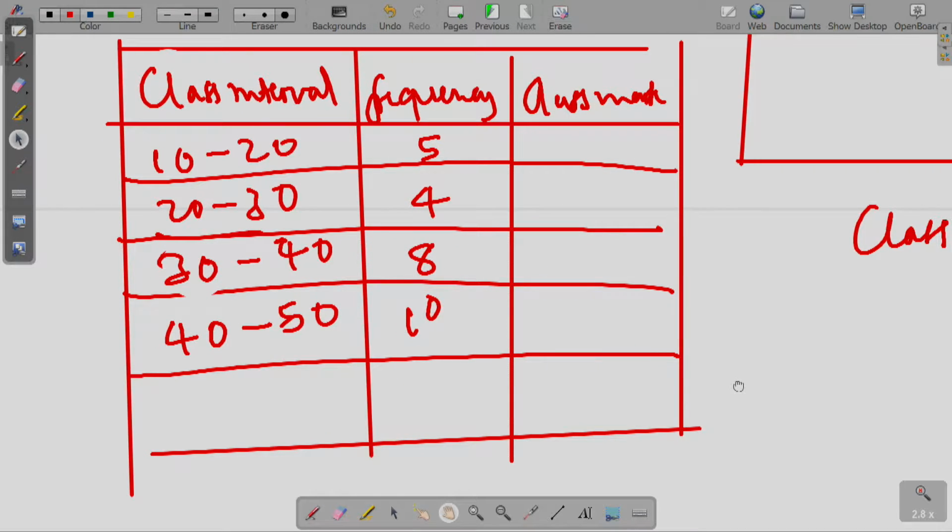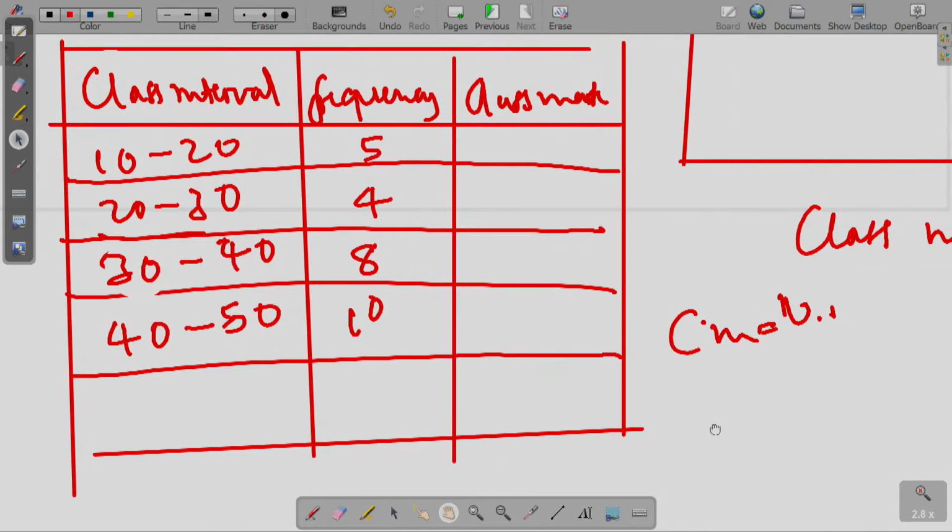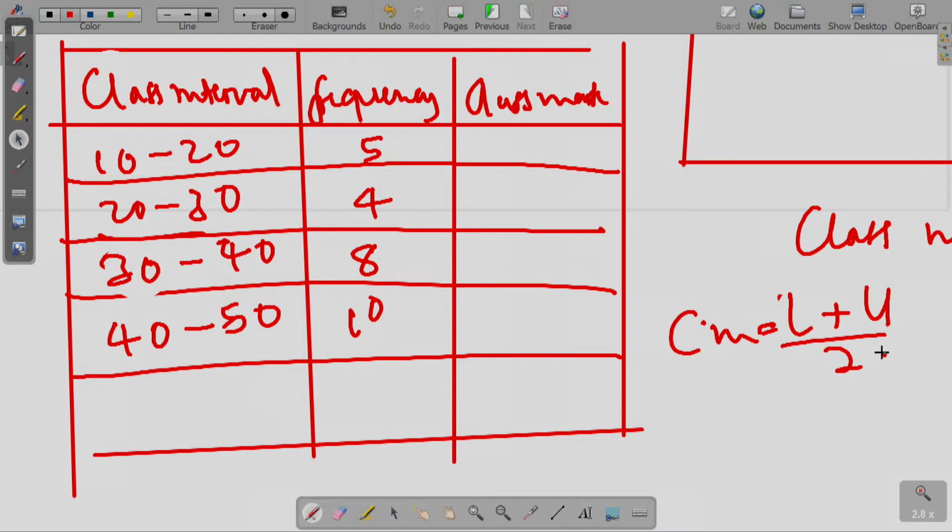Now we have to fill the class mark. We know that class mark is equal to lower limit plus upper limit over 2. So for the first case, it is 10 plus 20 over 2, which is equal to 15. So here we put 15.